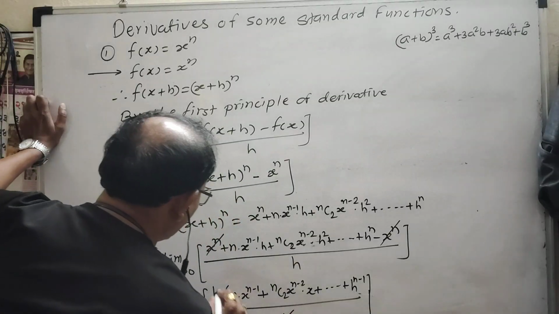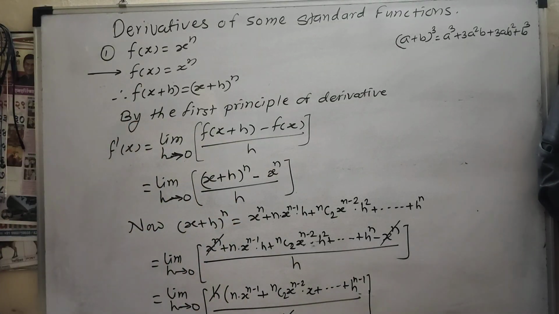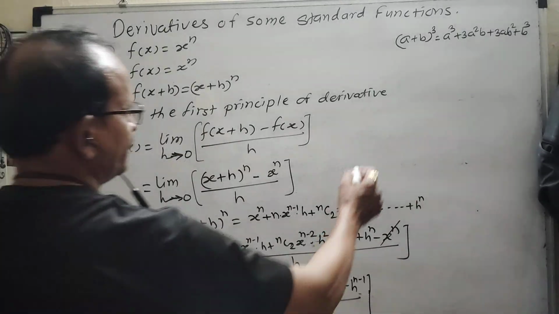Now this h gets cancelled. Now the limit can exit here, since the 0 by 0 problem is avoided.